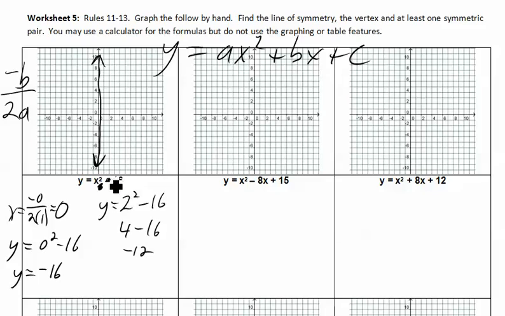Sorry I put one that was off the graph. But if you'll remember, if we go the same distance on the other side of the line of symmetry, we'll get another point.